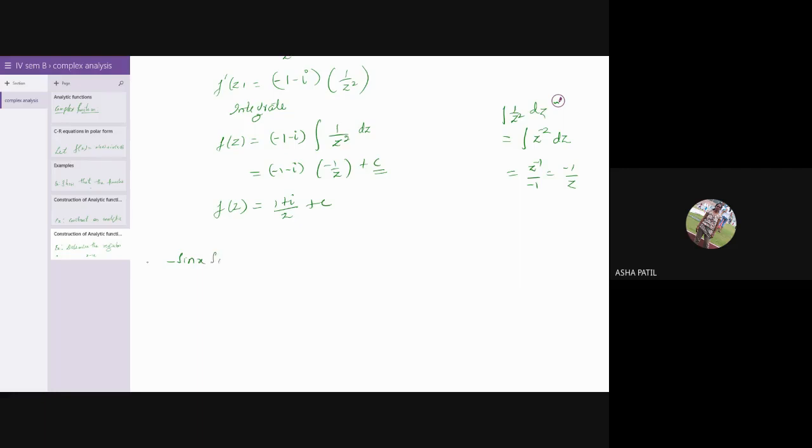Minus sin x sinh y. This is the imaginary part. V is equal to e power minus x, sin y minus y cos y.